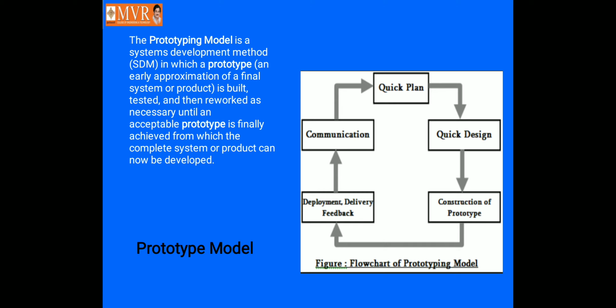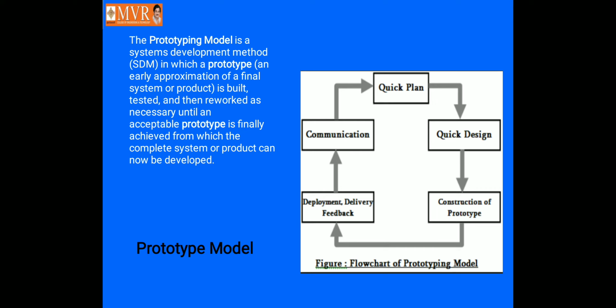Here a prototype means rules or specifications to develop any software or system. We need specifications, and those specifications will be built by using the prototype, and when it is finally achieved, then the complete system or the product can now be developed.